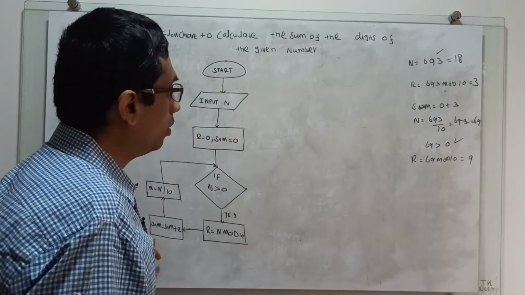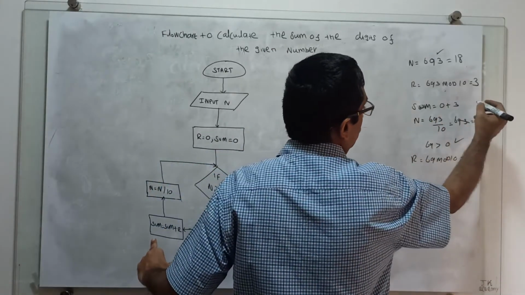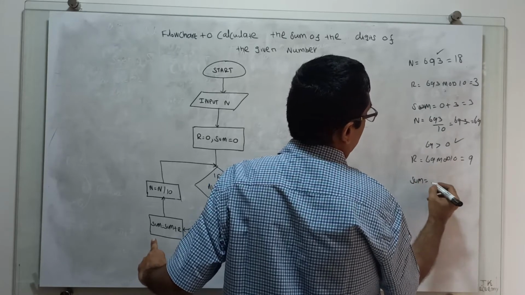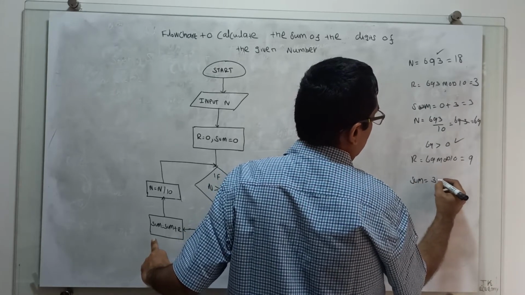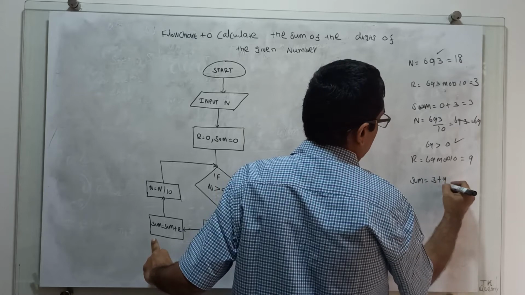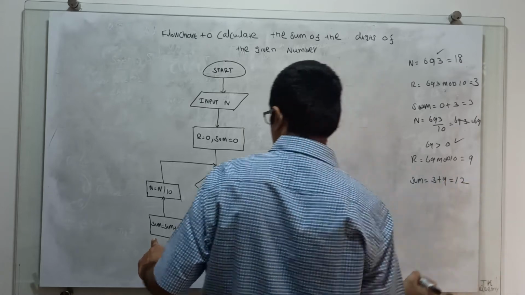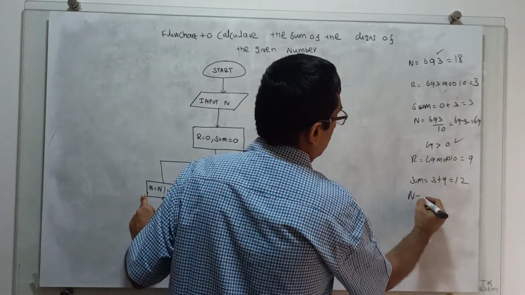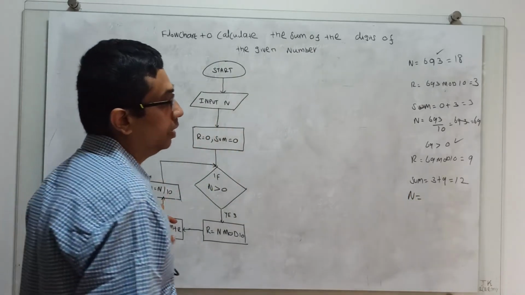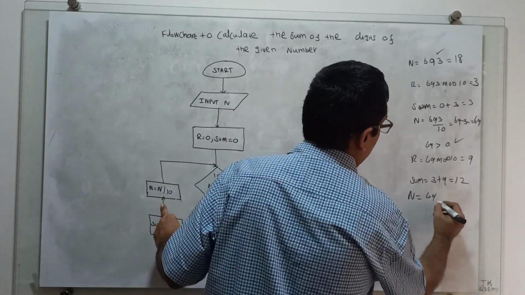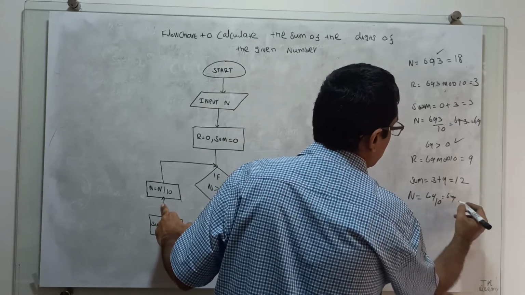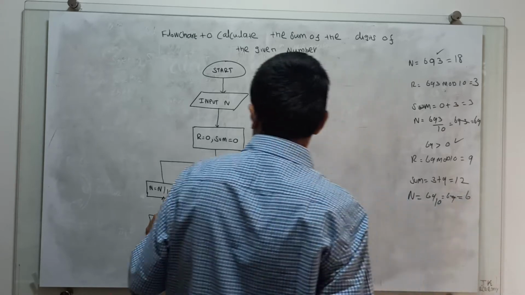Sum equal to sum plus r, sum existing value is 3, so sum equals 3 plus 9, which is 12. Then n equal to n by 10, 69 by 10 equals 6.9, it is integer division, fractional part omitted, n equals 6.